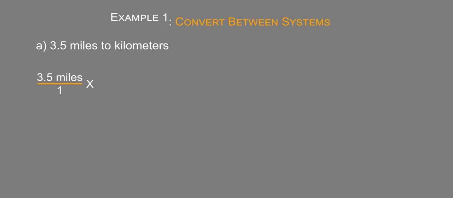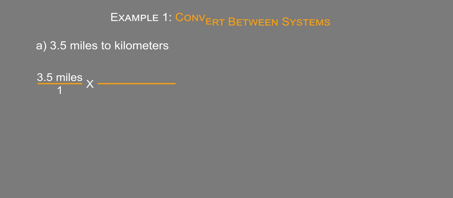We're multiplying fractions and trying to cancel the unit we start with, in this case miles, using ratios of conversions to get to the unit we're looking for, kilometers. The chart on page 320 says 1 mile is 1.61 kilometers.